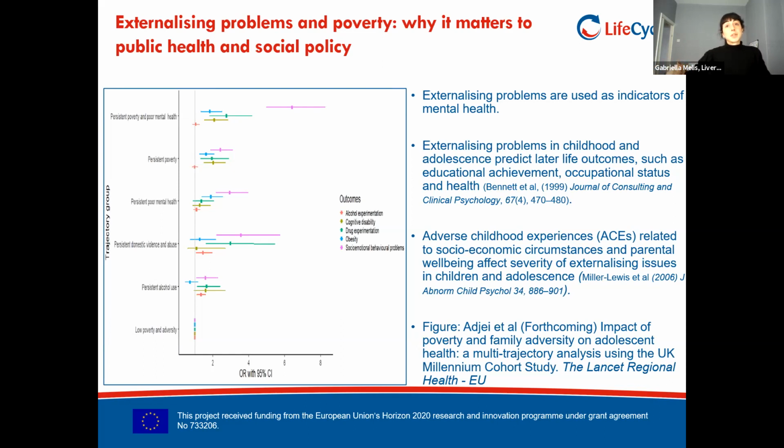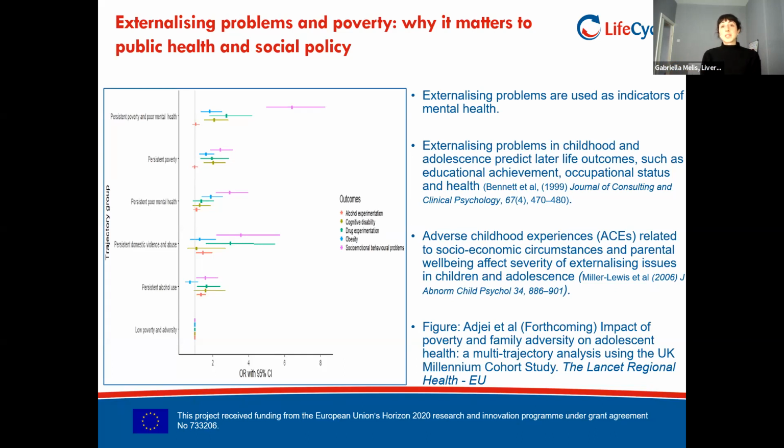This graph, for instance, presents results from another health inequalities policy research team project, which has now been accepted for publication in the Lancet Regional Health Journal, so it's going to be available soon.